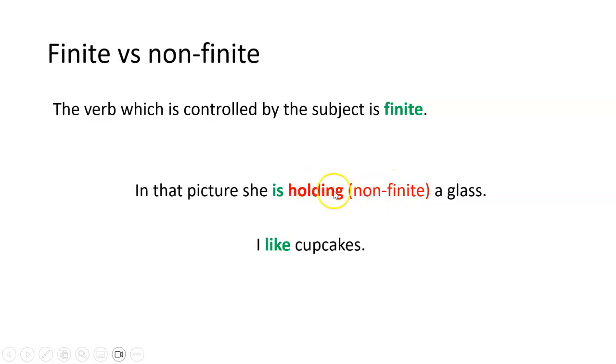Holding is non-finite. It doesn't change. We don't say they are holdings, right? This one doesn't change. It's an ing form, so it's non-finite. And this one changes, so it's finite. Here, like, I like cupcakes. She likes cupcakes. That one changes, so it's finite.